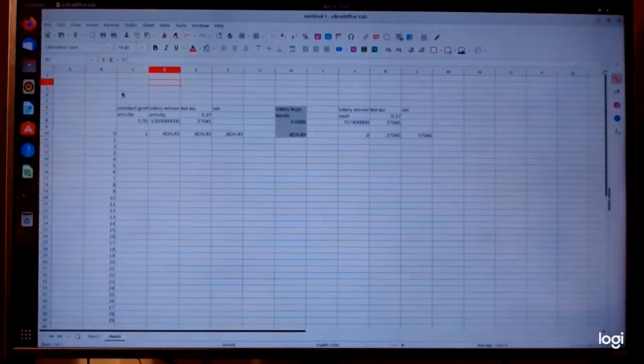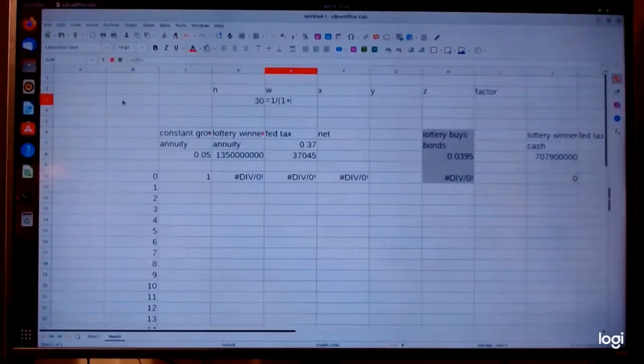Now I'm going to do N, W, X, Y, Z, and then factor. N was 30. And this expression is what? 1 divided by 1 plus, let me blow that up a little bit, 1 plus C8.